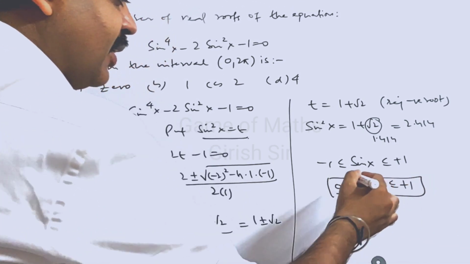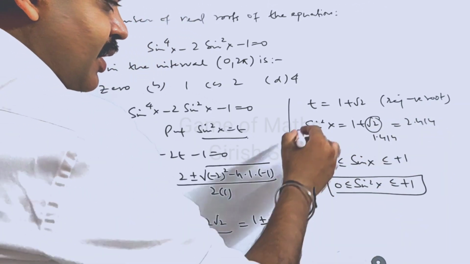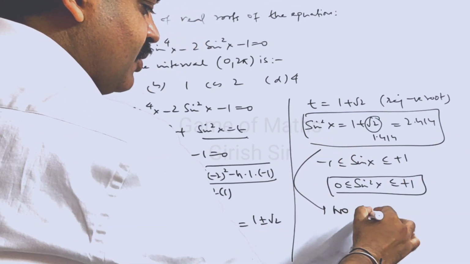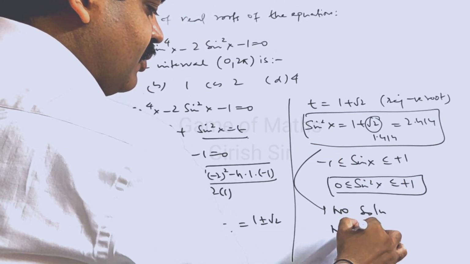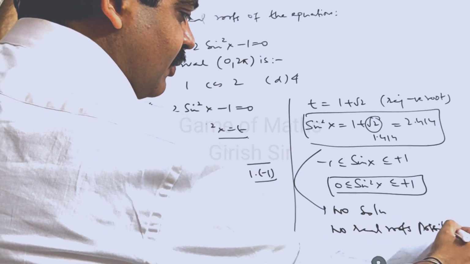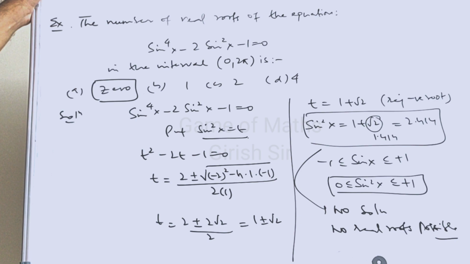So the maximum value it can take is 1. It cannot take a value 2.414, hence this is not possible. So we have no solution or no real roots possible for the given equation. So the answer to the question would be 0. We don't have any roots possible. Okay, thank you.